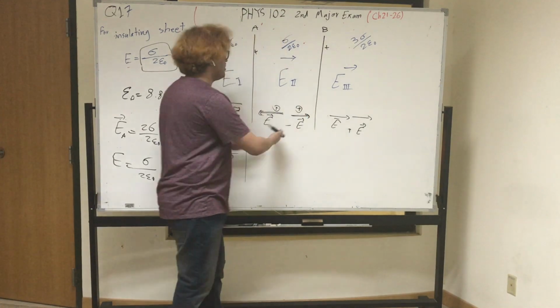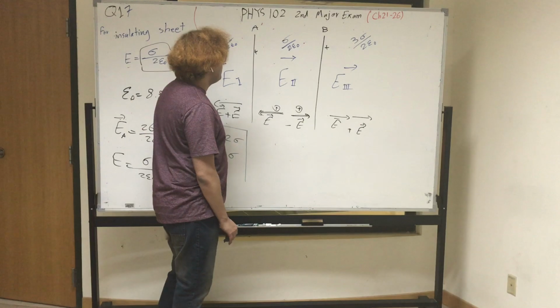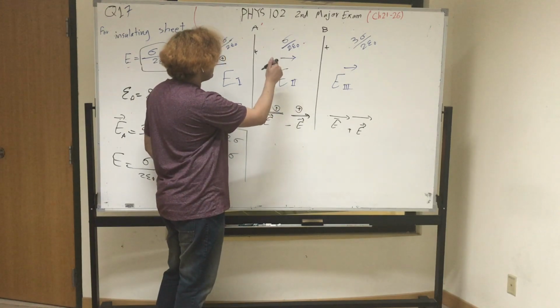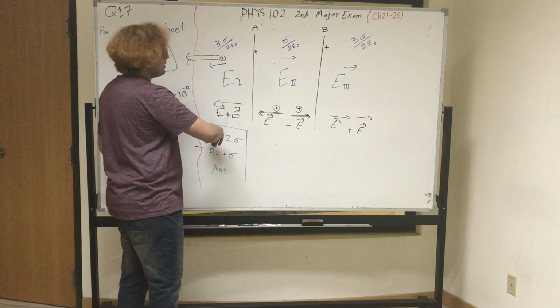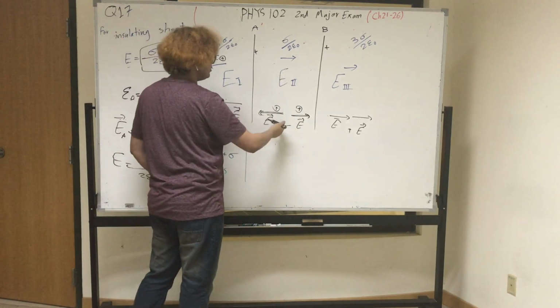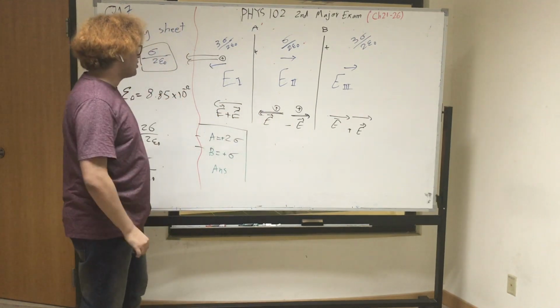Therefore, we are going to subtract these two electric fields, and since A is 2 sigma, the difference between the two electric fields must be sigma over 2 epsilon naught.